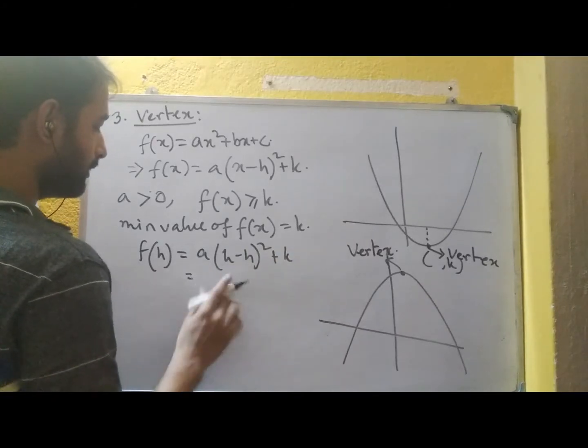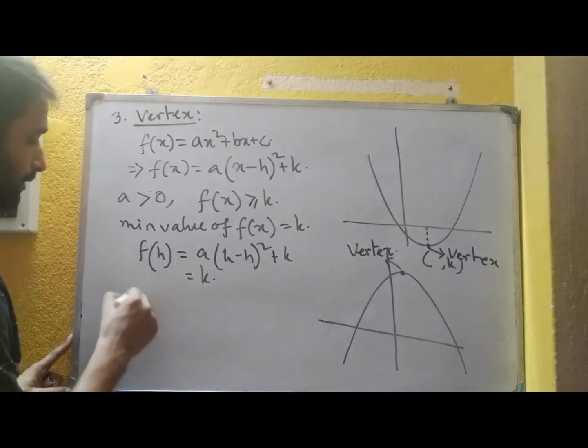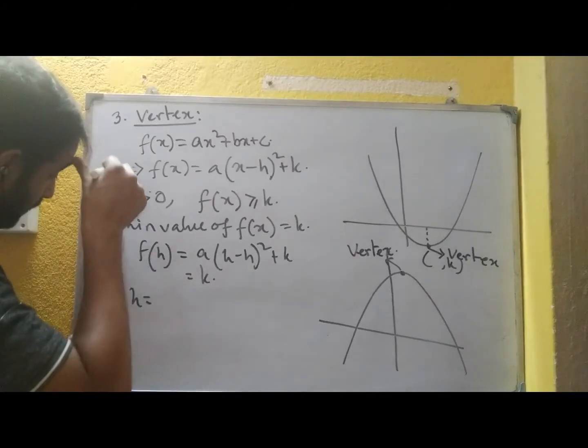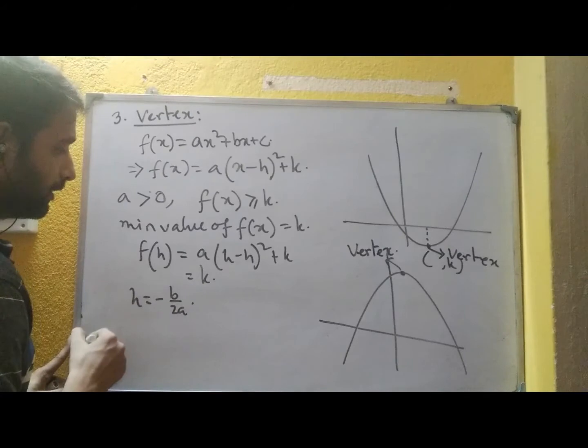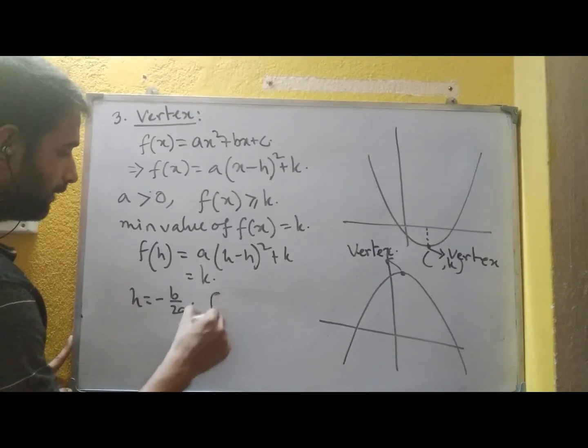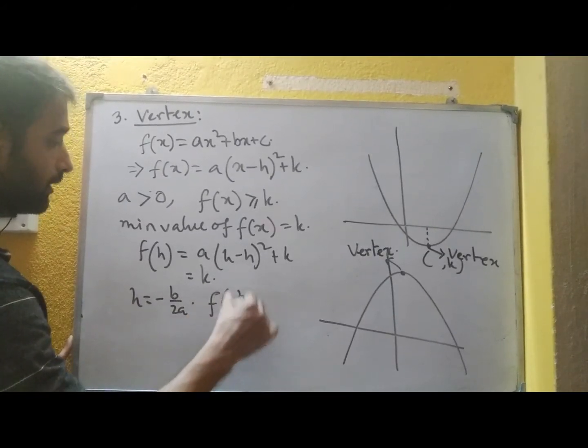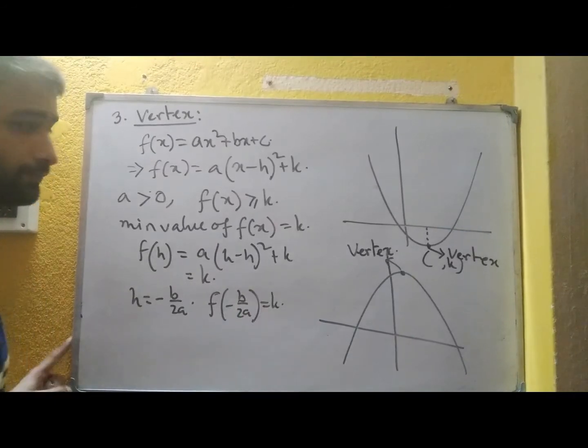That means it is simply k. Now what value have we taken for h? It was minus b by 2a. So you can say f of minus b by 2a is actually k.